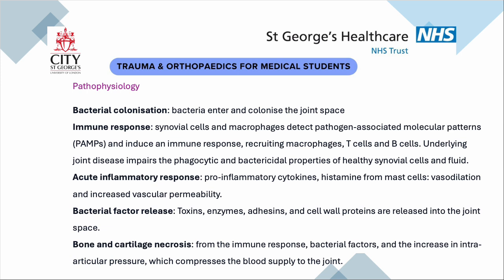There is an acute inflammatory response with cytokines and histamine, which again are not good for cartilage. And the bacteria release toxins and various other products which are quite acidic, and that again damages the cartilage. So you've got all of these happening and swelling, so you get an increased intra-articular pressure which compromises the blood supply, as well as direct damage to the cartilage.